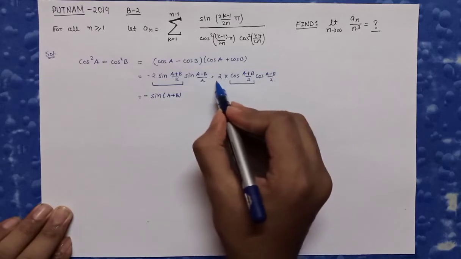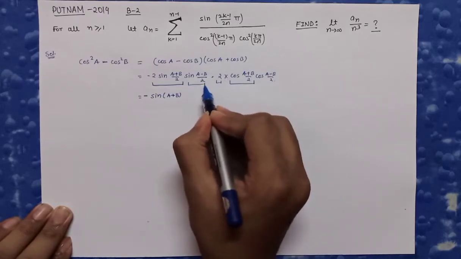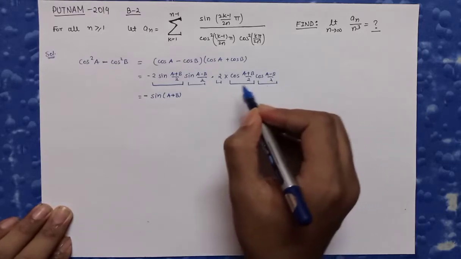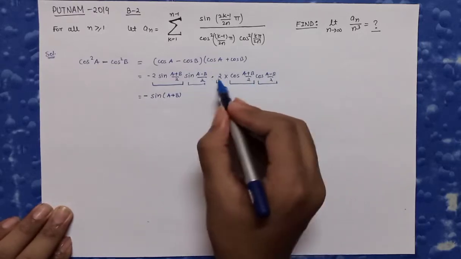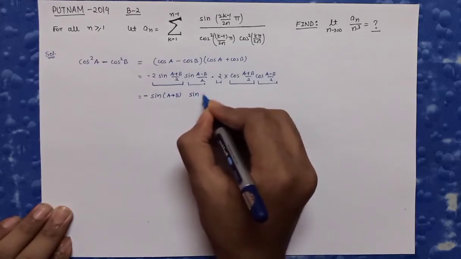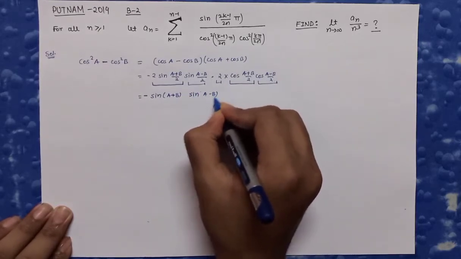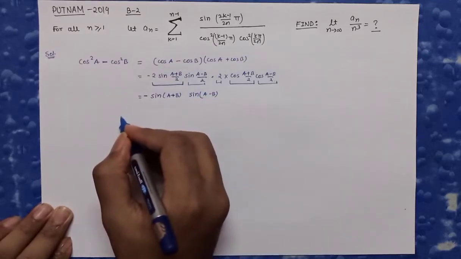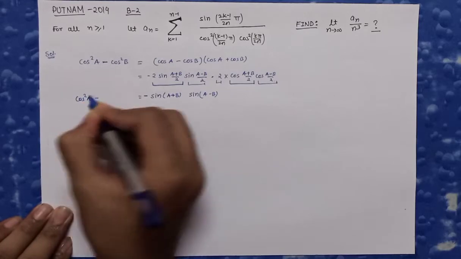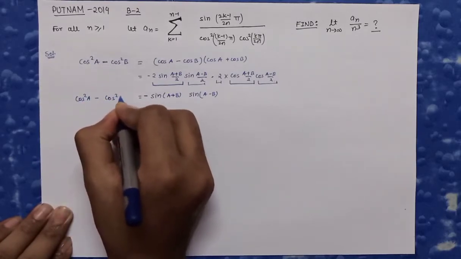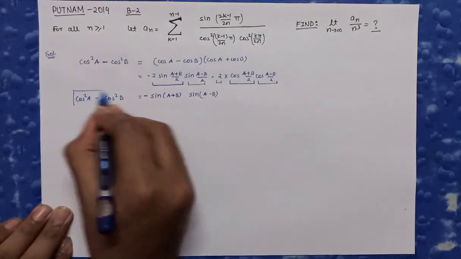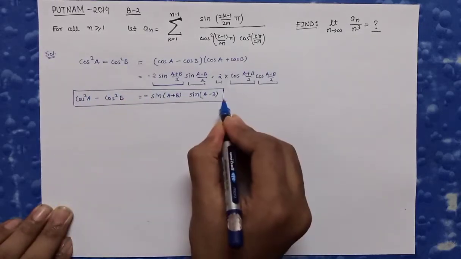Then once again here is 2 sin((a minus b) by 2) and cos((a minus b) by 2), which is again 2 sin theta cos theta, so I can write it as sin(a minus b). So I can simply write this as: cos square a minus cos square b equals minus sin(a plus b) times sin(a minus b). So I've got this identity, which I'm going to use in this question.